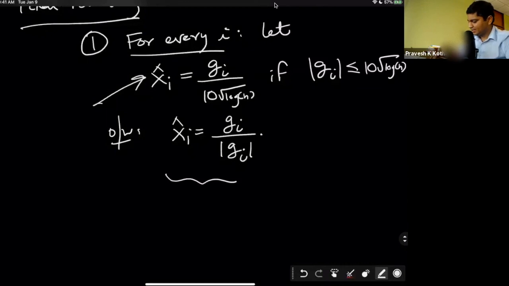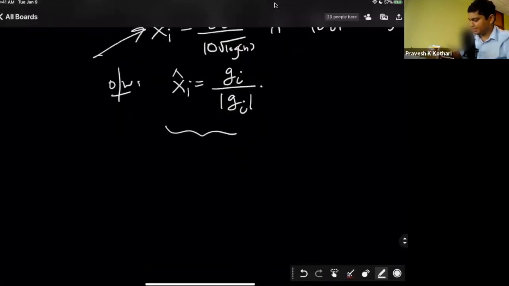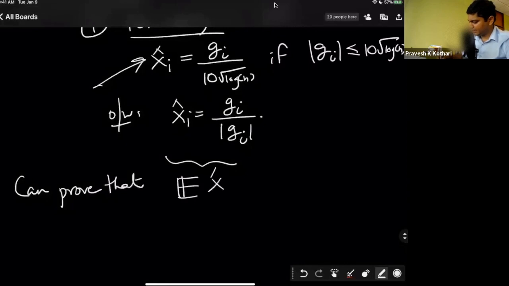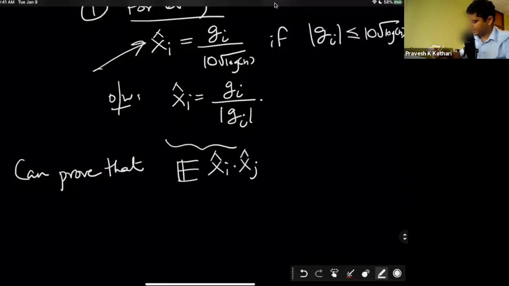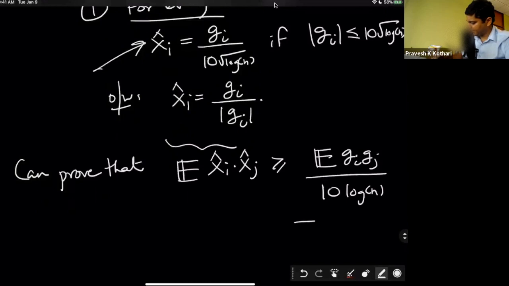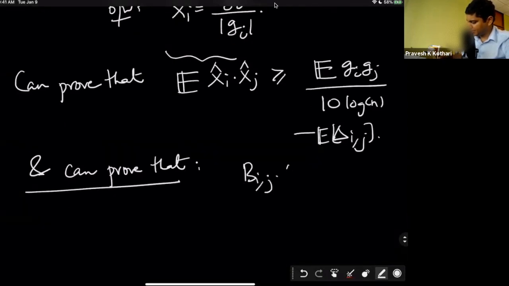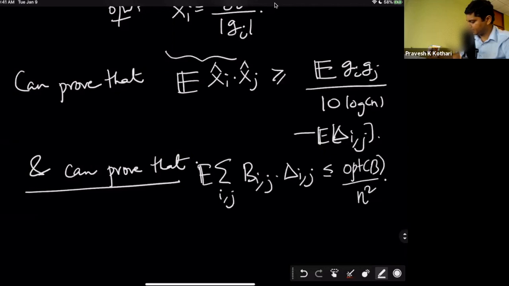Let me not do this in detail, but just say that you can prove that the expectation of x hat i x hat j is G_ij over some 10 log n minus some error, let's call it delta_ij. And you can prove, by using the lower bound on opt that we proved, that the sum of B_ij delta_ij in expectation is tiny, at most opt of B over n squared or something.